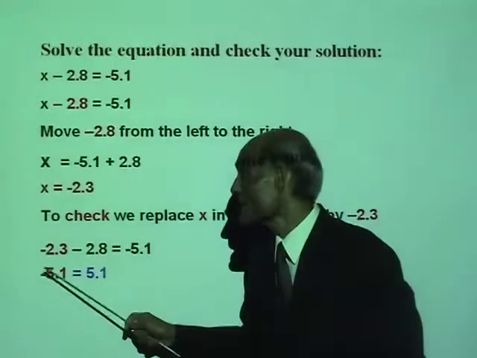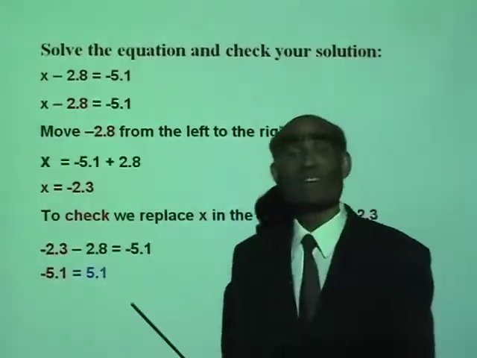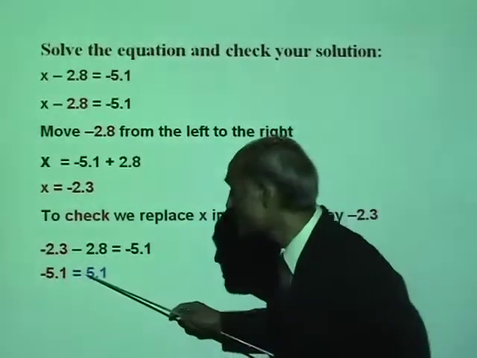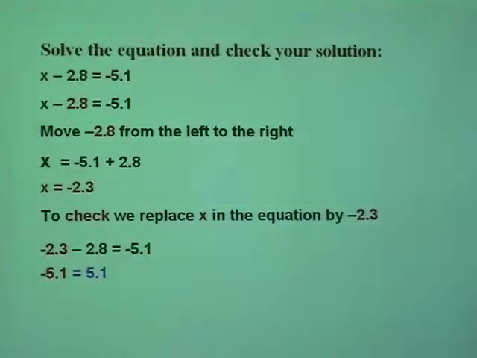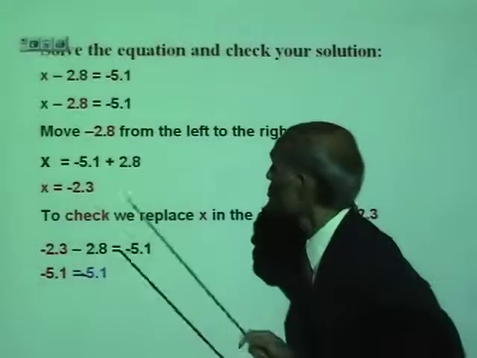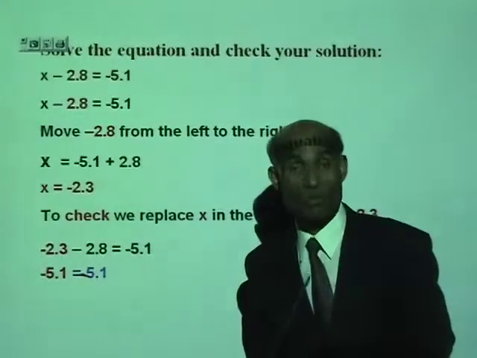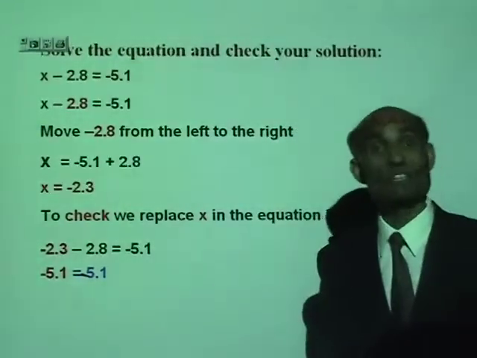And that is negative 5.1 equal to negative 5.1. I forgot to put that negative there. Negative 5.1 equal to negative 5.1. That's right. And that means the solution we obtained fits the equation, and therefore that is a true solution.